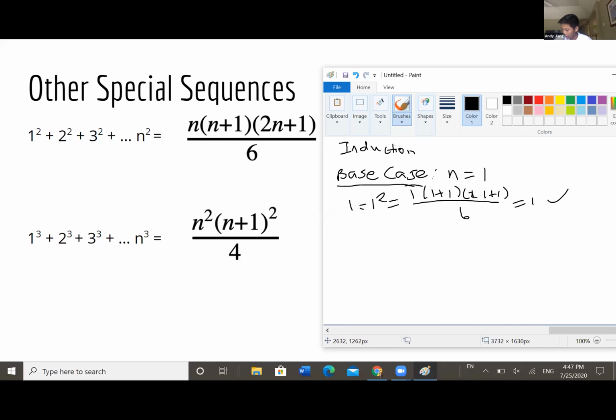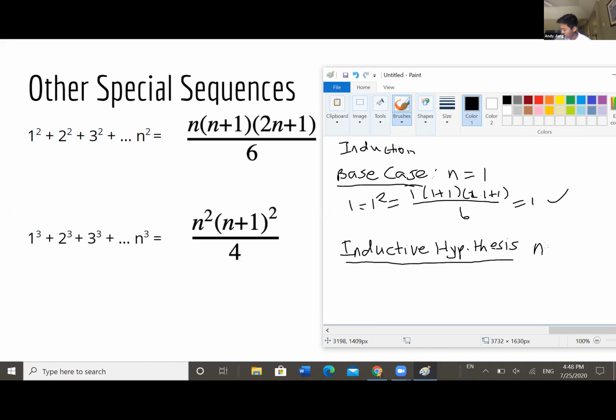And then next, my inductive hypothesis. So my inductive hypothesis is, I'm assuming I can reach rung k.